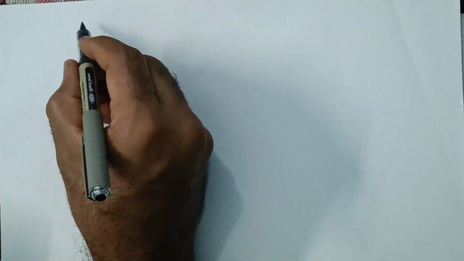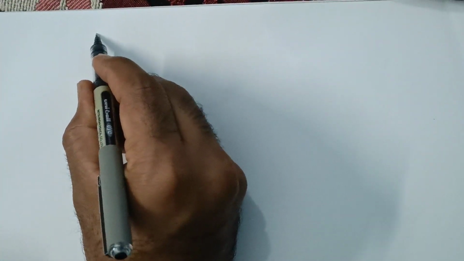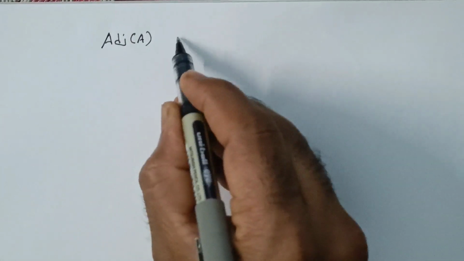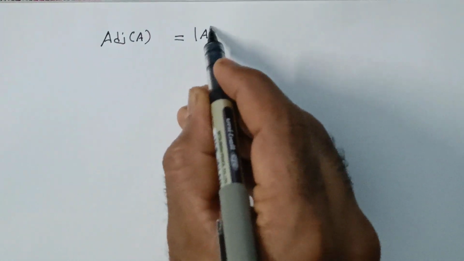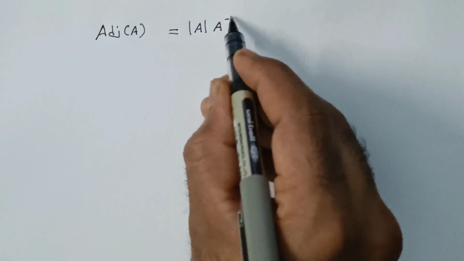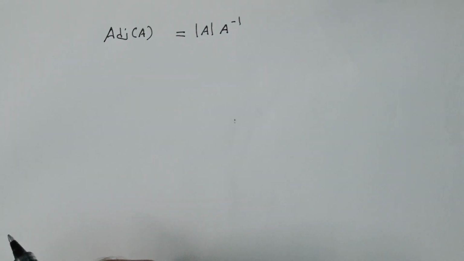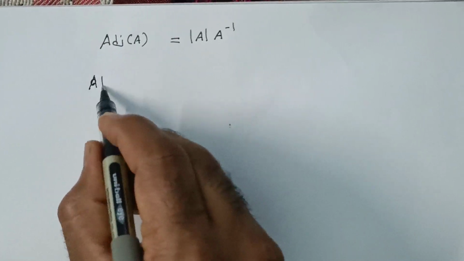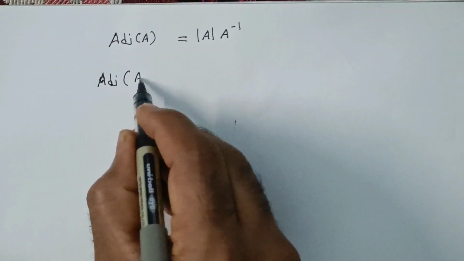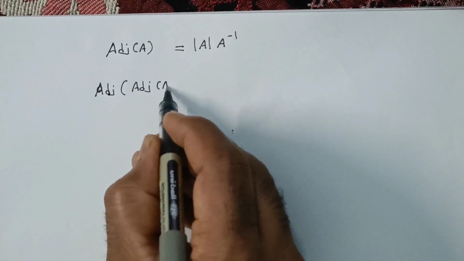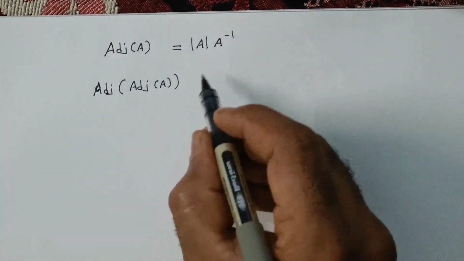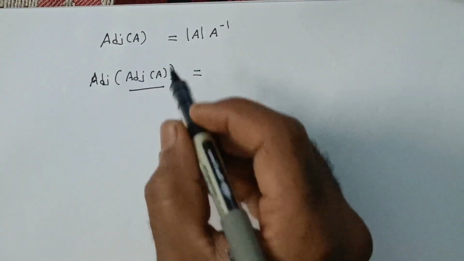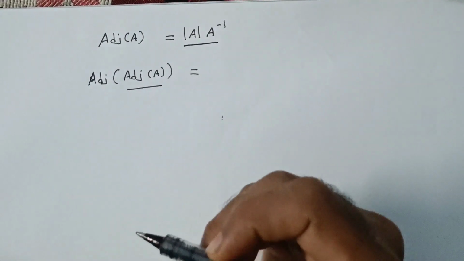For a square matrix A, we can define adjoint of A equal to determinant of the given matrix into its inverse, A inverse. So, if we need to find adjoint of adjoint of A, then we will replace this adjoint of A with determinant A into A inverse.